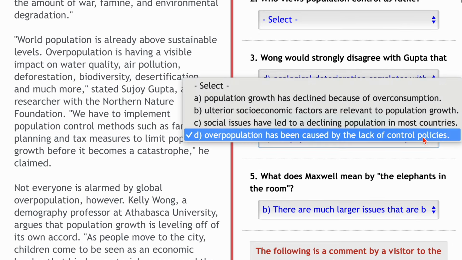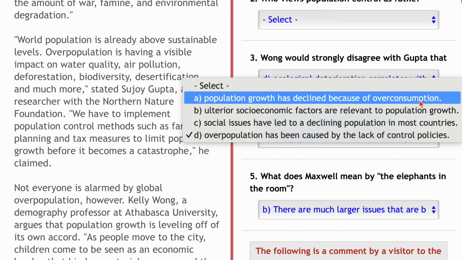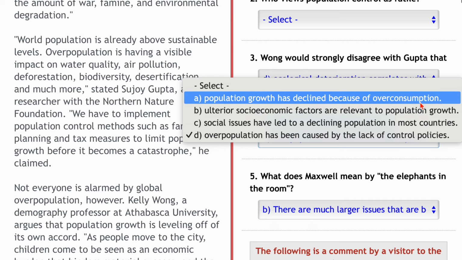Okay, what's next? ABC. It's also not A. Now, Wong didn't really talk about consumption levels at all. It was more Maxwell that talked about overconsumption in some countries, okay?